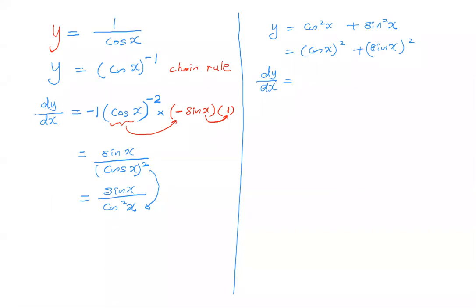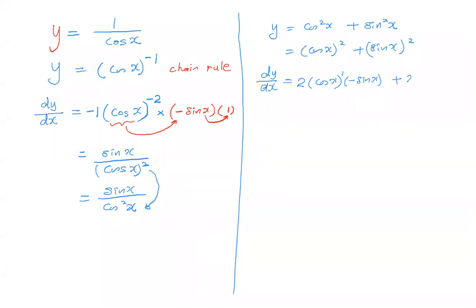So the first one, 2. Okay, Ethan, continue. 2 what? 2 cos x negative sin x. Okay. Okay, Huiying, continue the next one.